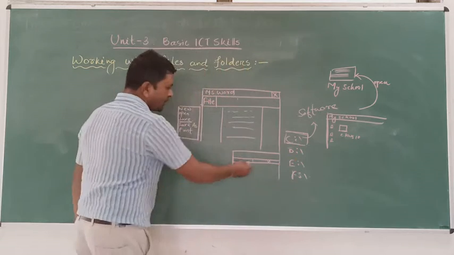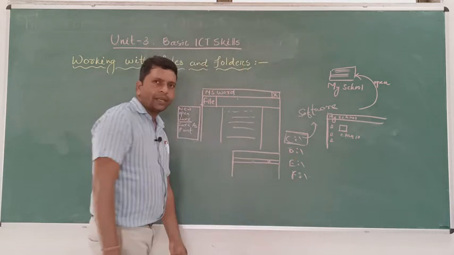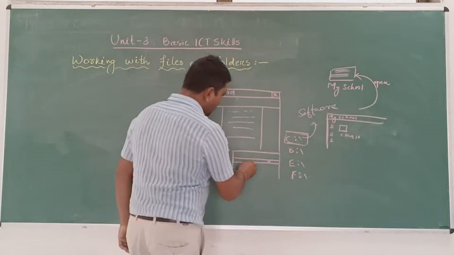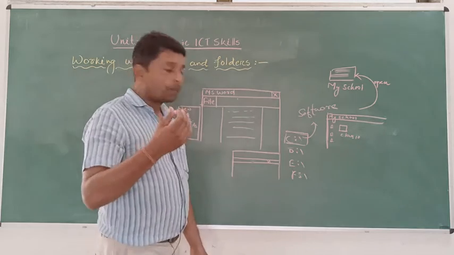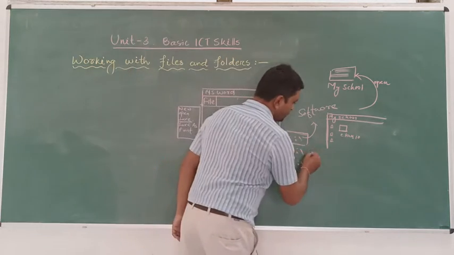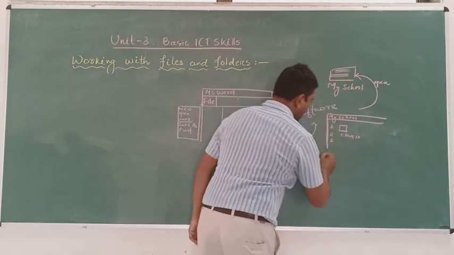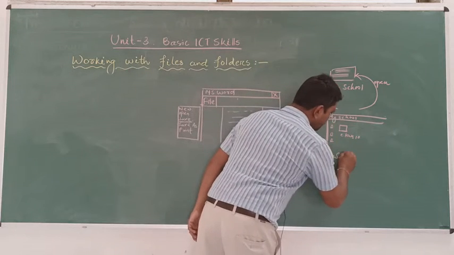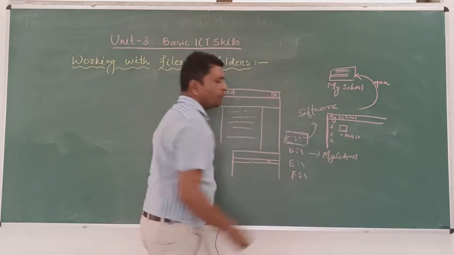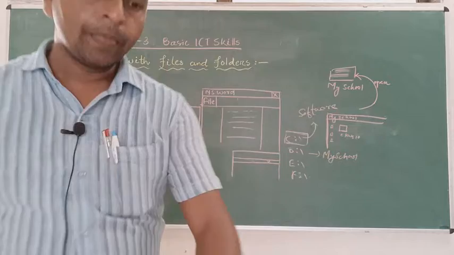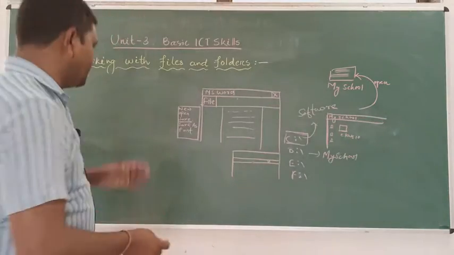So from this I have to choose the place, and from D drive there is a folder named, let's say, my school. I have to select that also.